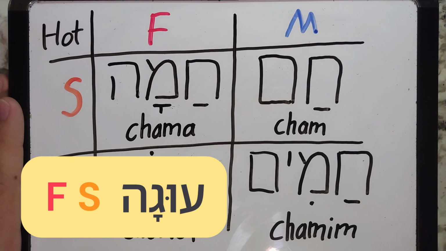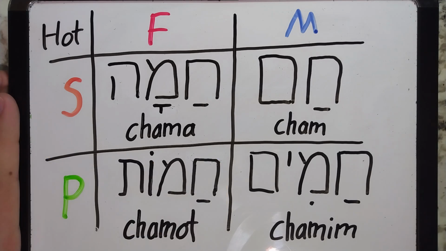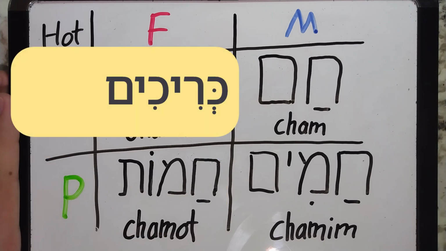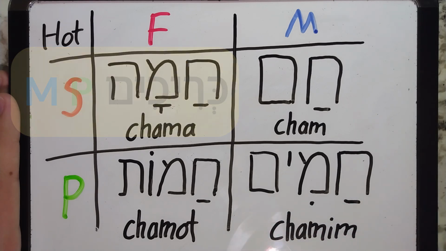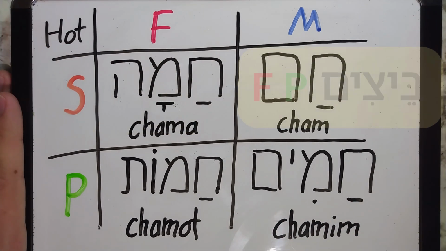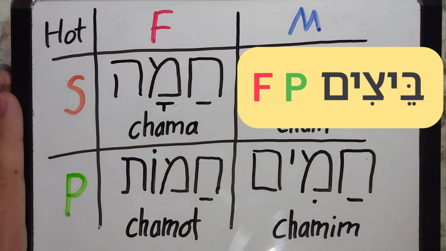Chama would describe uga. If we had hot sandwiches, hot karichim, we would need a masculine plural form of the adjective cham to agree with karichim, which is a masculine plural noun. And that adjective would be chamim. And lastly, to describe a feminine plural noun like beitzim, we need an adjective with the ot ending, which would be chamot, to describe hot beitzim, eggs.